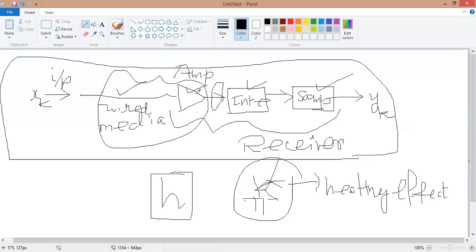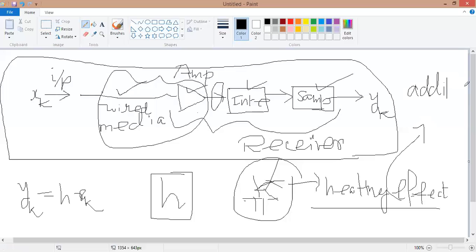If it is wireless, obviously noise may be pushed over this medium. Now, one thing we have found is yk equals h xk, in our previous discussion. But now, another thing may be found over here: the random motion of electrons will generate some heating effect, and that heating effect will create some additive nature over there, h into xk.